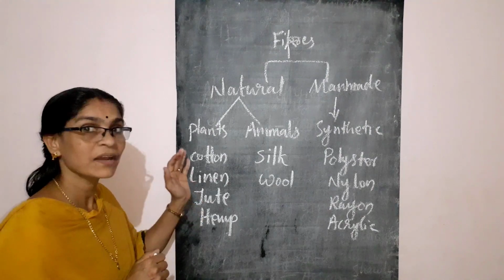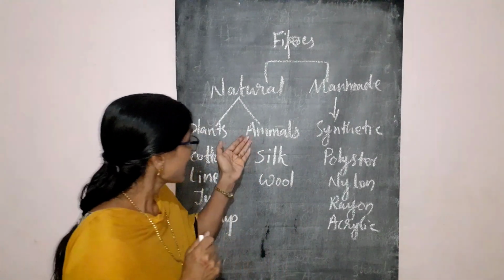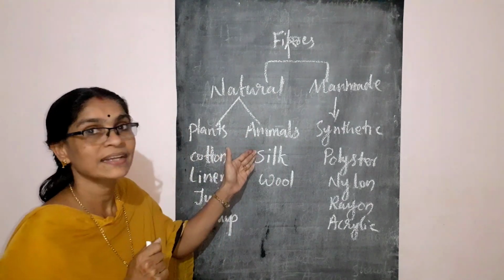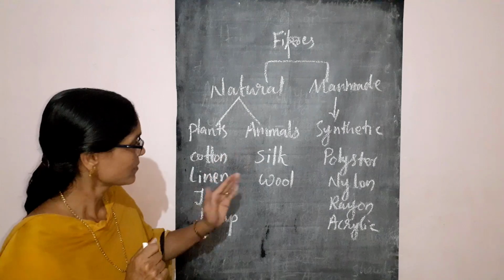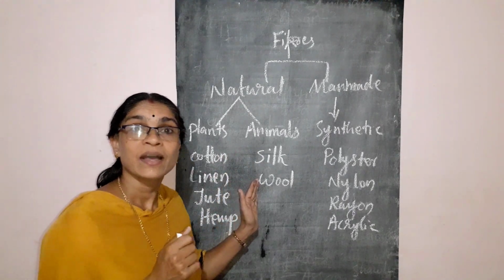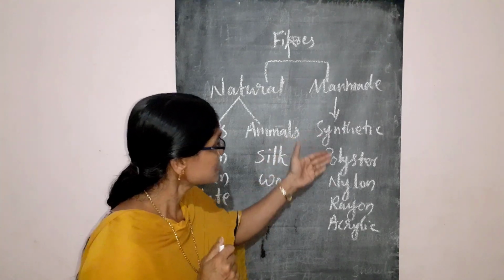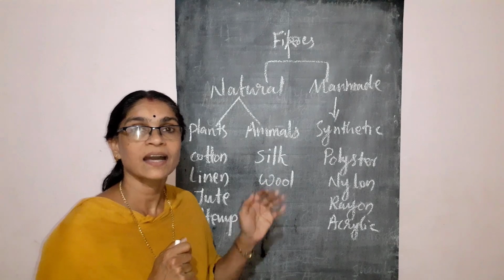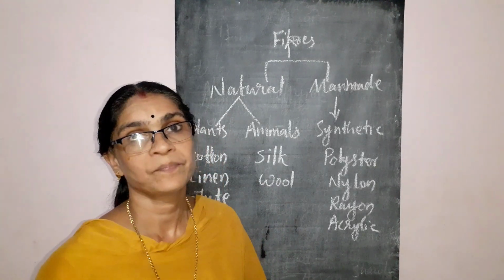Linen, jute and hemp are all obtained from the plant stem. Silk is obtained from the cocoon of the silk moth. Wool is obtained from animals like sheep or yak. Synthetic fibers are those made by man artificially.